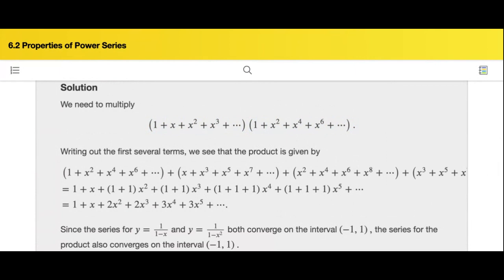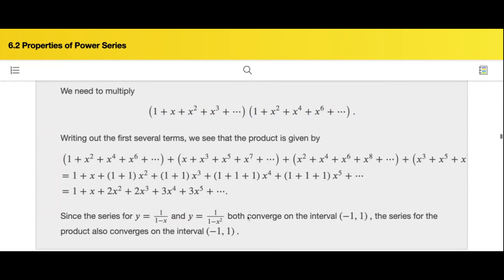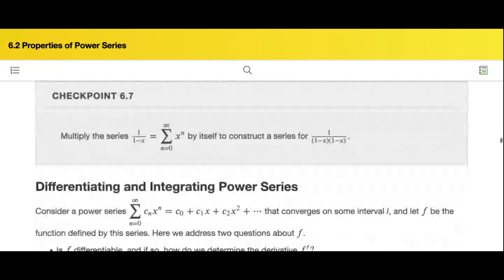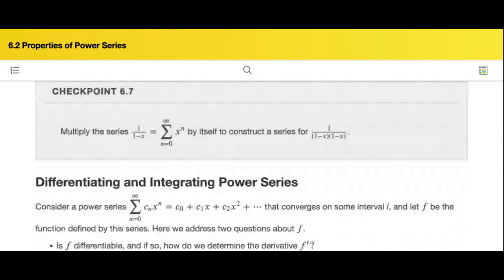Any questions? Okay, let's keep moving. Let's all try this one: 1 over 1 minus x squared.